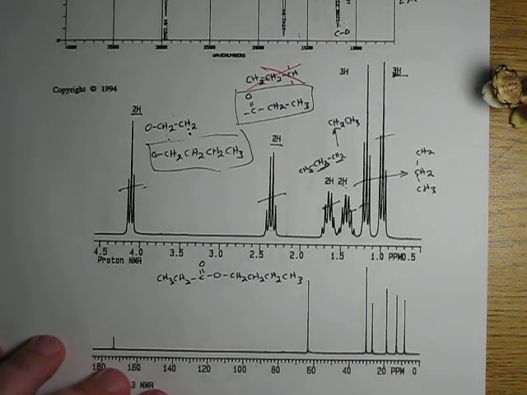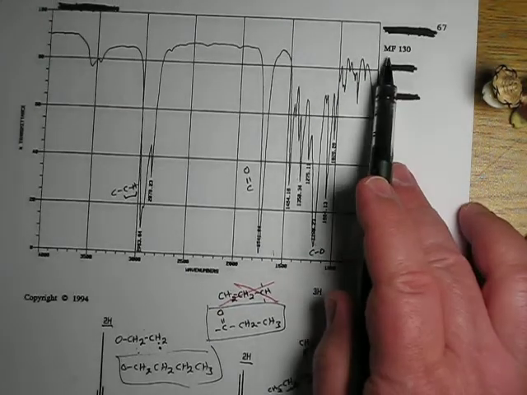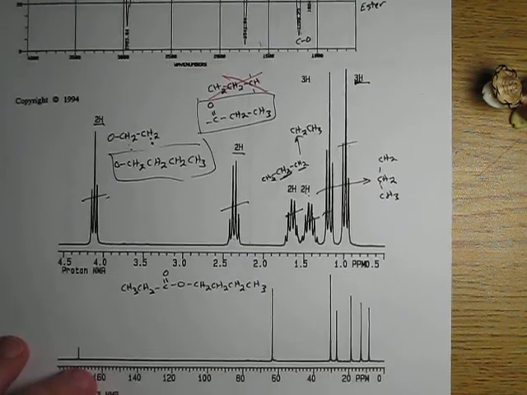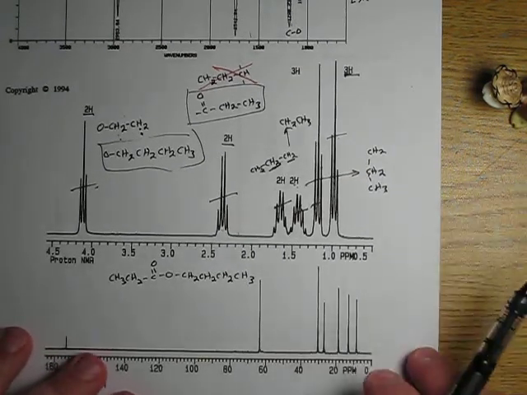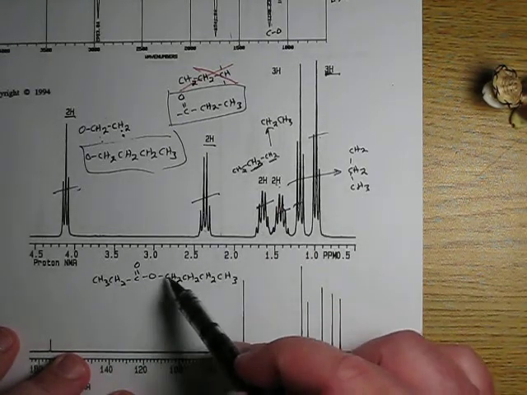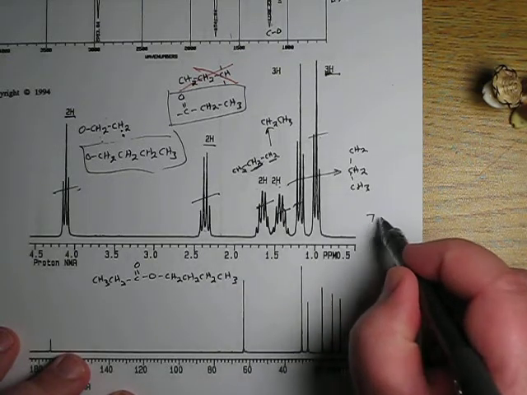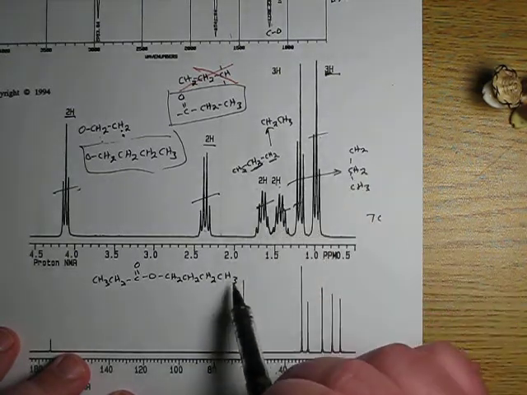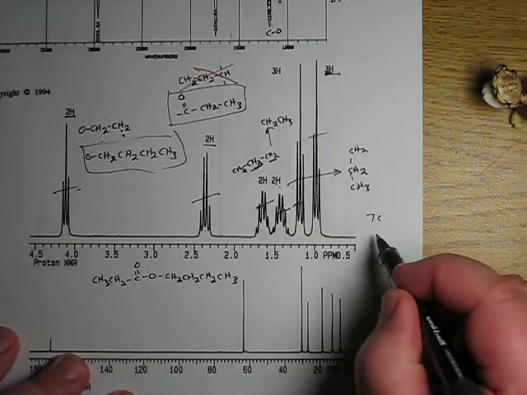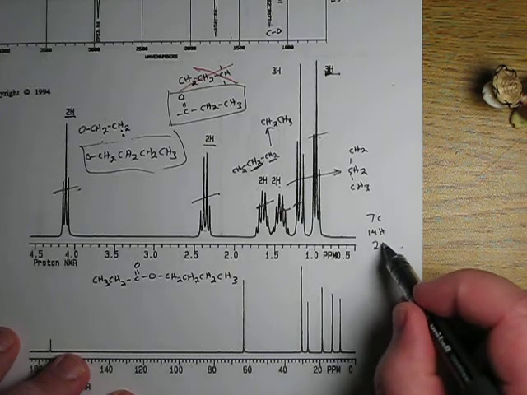But if this were the molecule, the masses would add up to 130. So let's do a little bit of math here, shall we? I've got 7 carbons, 14 hydrogens, 2 oxygens.